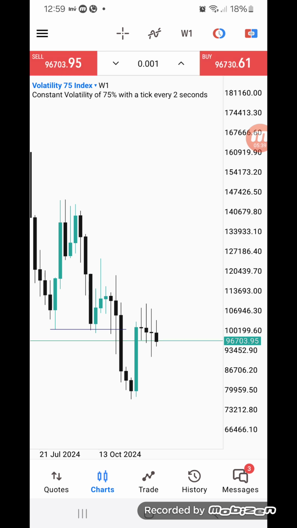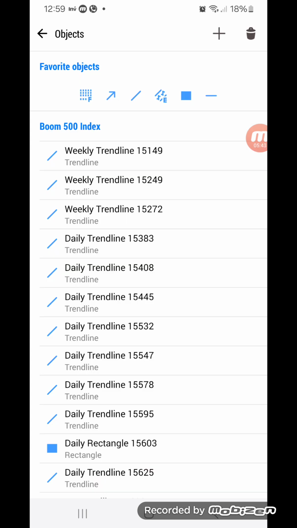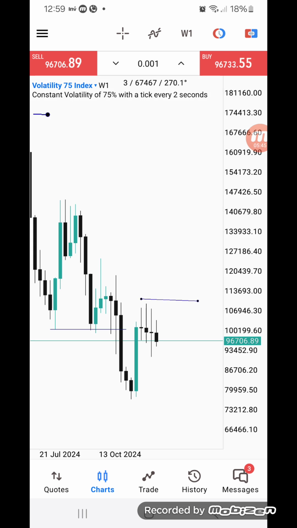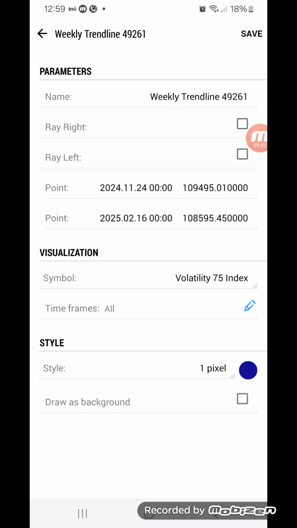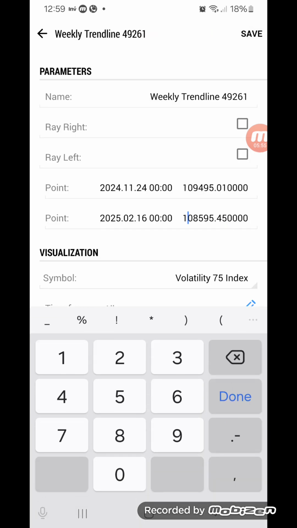Okay, now that was our weekly order block, and the other thing I can spot is we have the buy side liquidity. This is where we mark our buy side liquidity, and allow me to use my phone so that it will be very easy for us to see how the market is behaving.